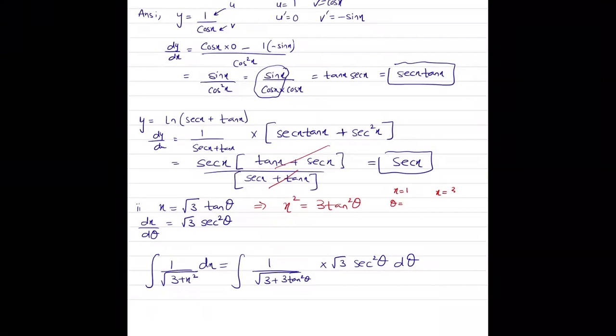Yes, sir. And pi upon 3 when x is 3. Which one is the larger value, pi upon 6 or pi upon 3? Pi upon 3 is the larger value. Pi upon 6 is the smaller value. I'm going to copy this to the next page.